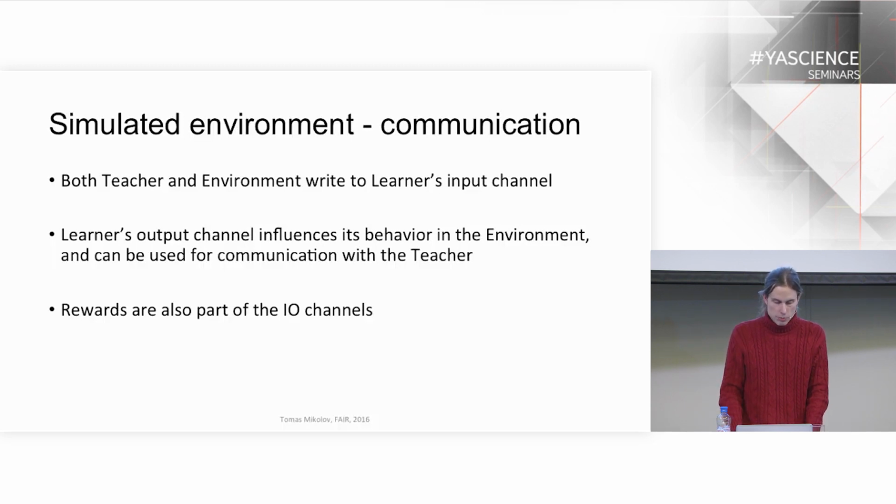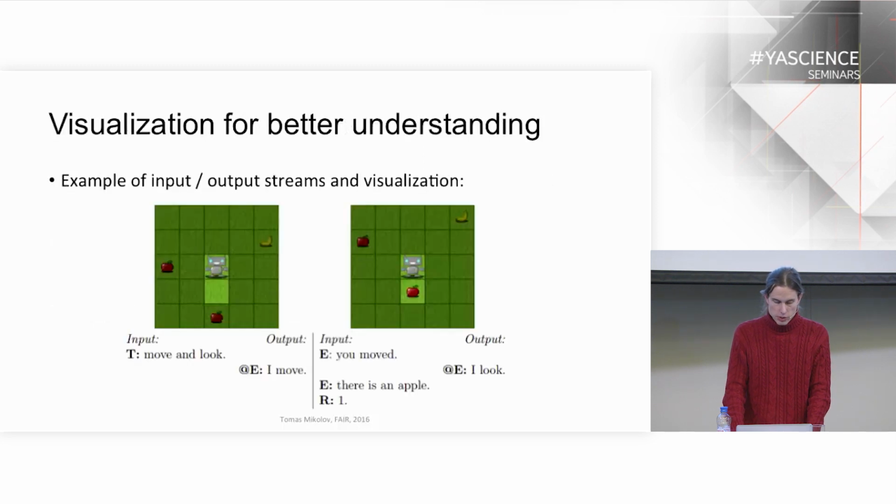The rewards are also part of the input-output channels. This is a simple visualization with a 2D world with some objects and the learner that has access to information about what is in front of it, and then it can learn from examples to perform some basic commands. Here it's already assumed that it understands basic tasks.